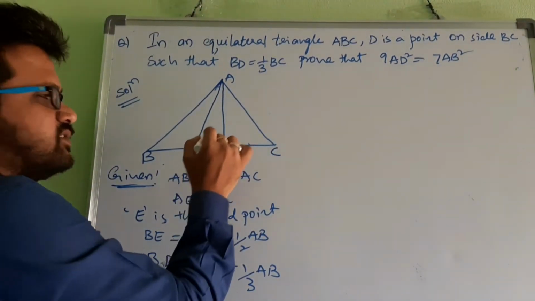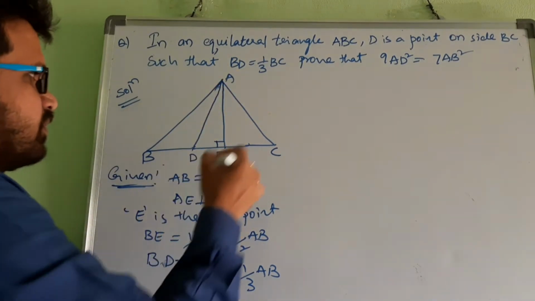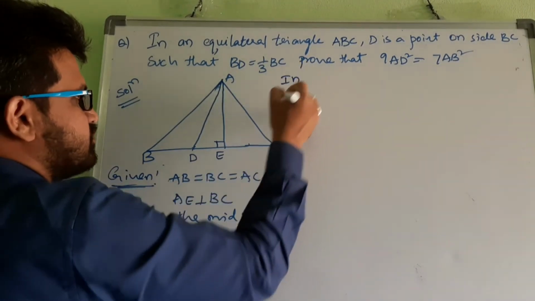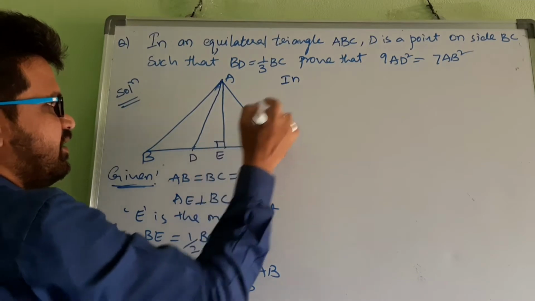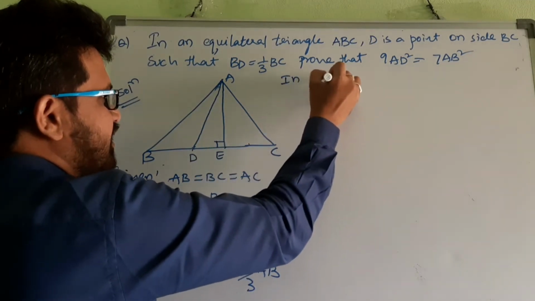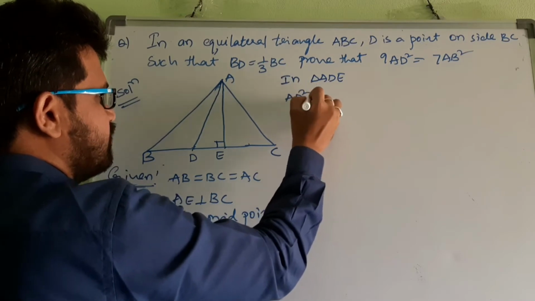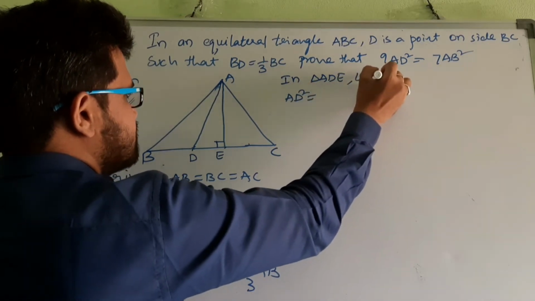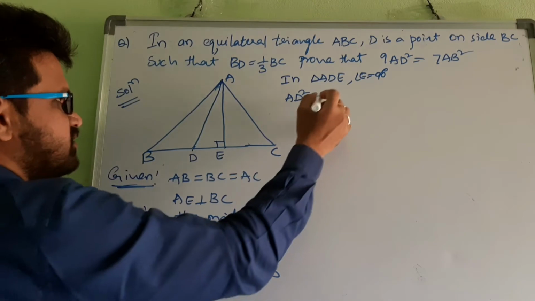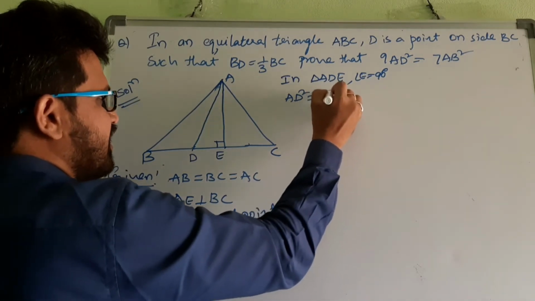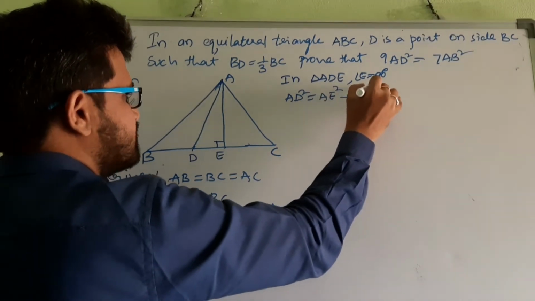To get AD square, I am taking triangle ADE. In triangle ADE, angle E is 90 degrees, so the opposite side is the hypotenuse. AD square is equal to AE square plus DE square.